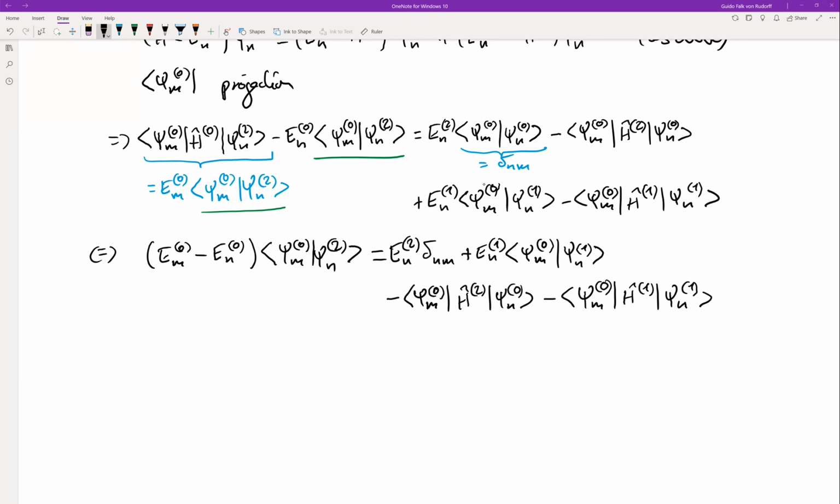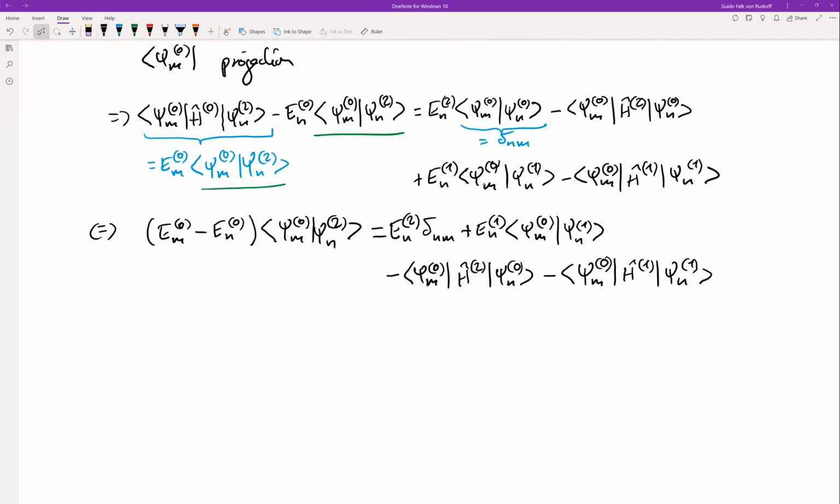Now let's look at the case. What happens if m is n? They're the same. Case m is n. And in this case, we now have two things.